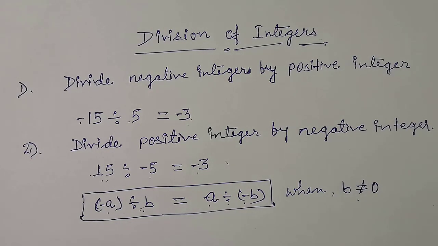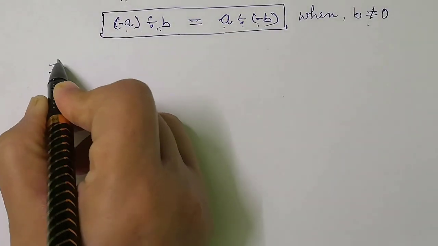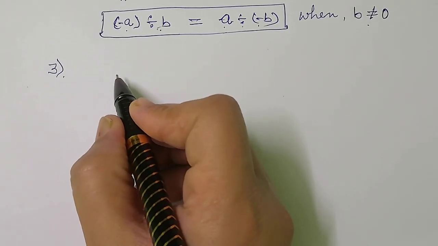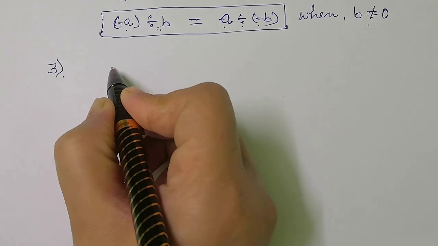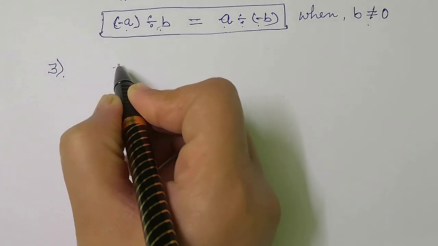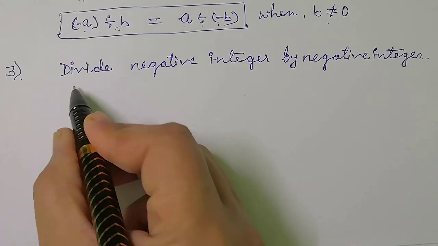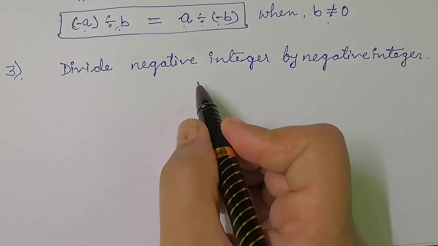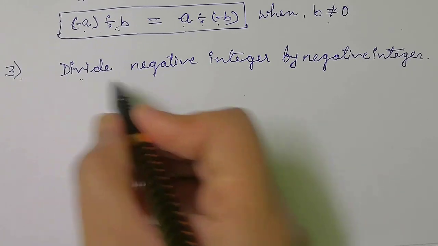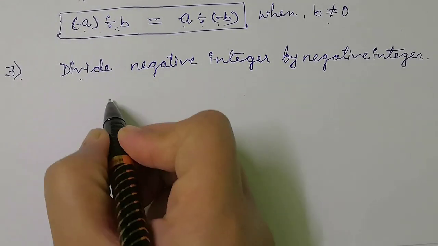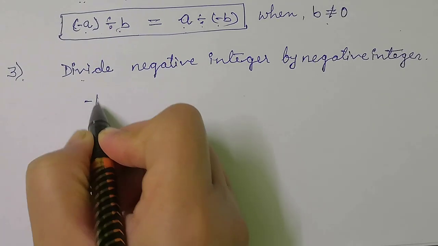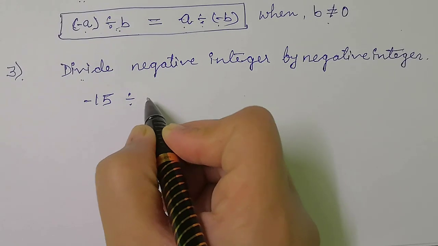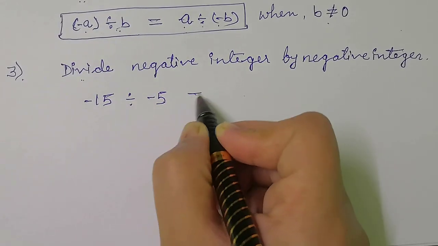Is it clear? Now see the third thing. This type also we will face in division of integers: dividing a negative integer by a negative integer. That means minus 15 divided by minus 5, what do we get?